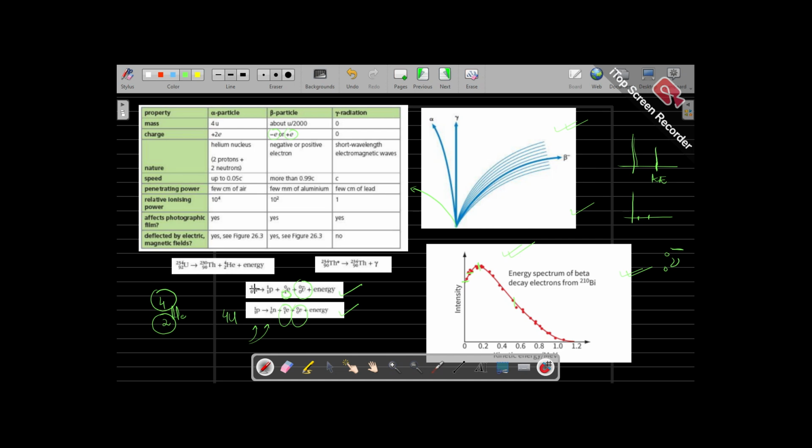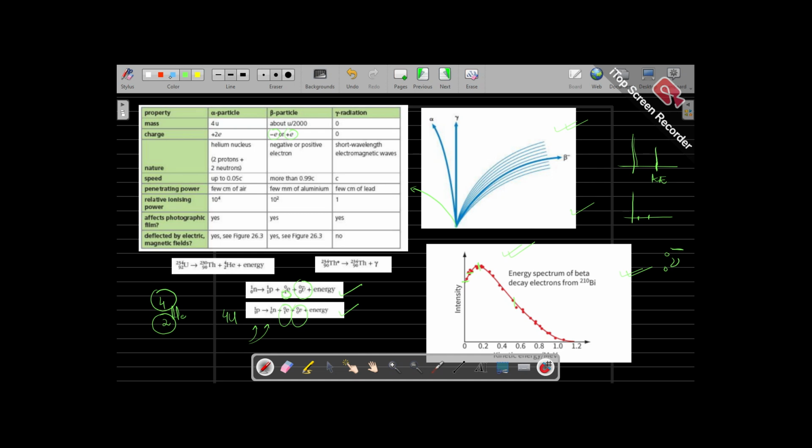Uske liye, this right here is the justification, and the same is the justification that the examiner asks of you in the final exam as well. They'd ask you to write an equation with the emission of beta particle and you justify it in the sense of number of quarks as well, which we'll be discussing later on.